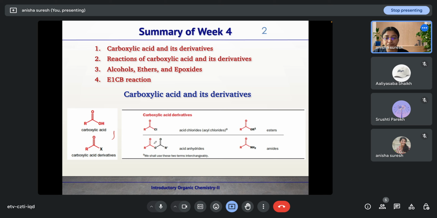And when an O double bond OR group is coming, it is known as acid anhydrides. When an OR group is coming, it is esters. And when NH2 is coming instead of X, they are known as amides. We have discussed the reactivity of each of these carboxylic acid derivatives.